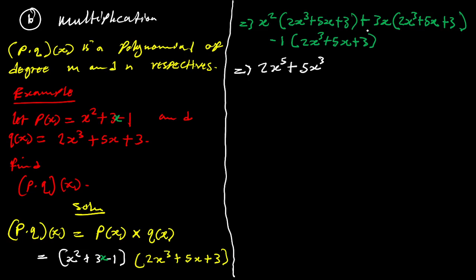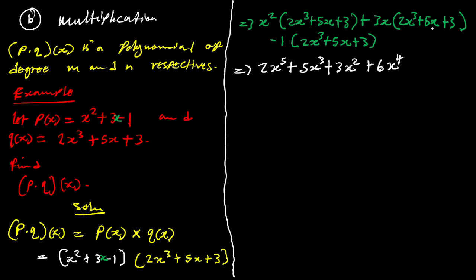Then x squared times 3 is going to give you 3x squared. Then you say plus 3x times 2x cubed is going to give you 6x to the power 4. And then 3x times 5x is going to give you 15x squared. Then 3x times 3, it's going to give you 9x.